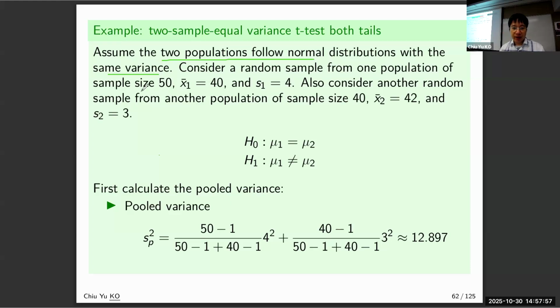So we have first sample size 50, sample mean 40, and 4. And the other one is 40, 42, and 3. And this is what we want to test. Let us write down how we do this problem.